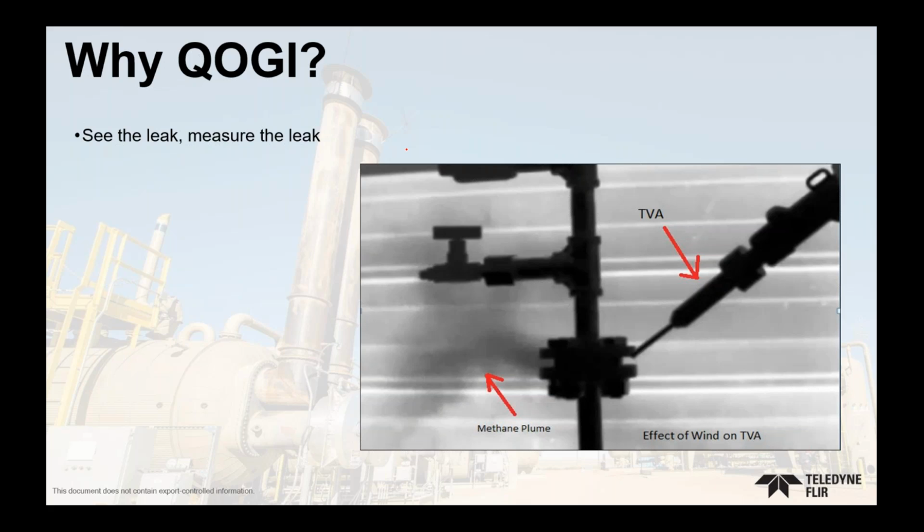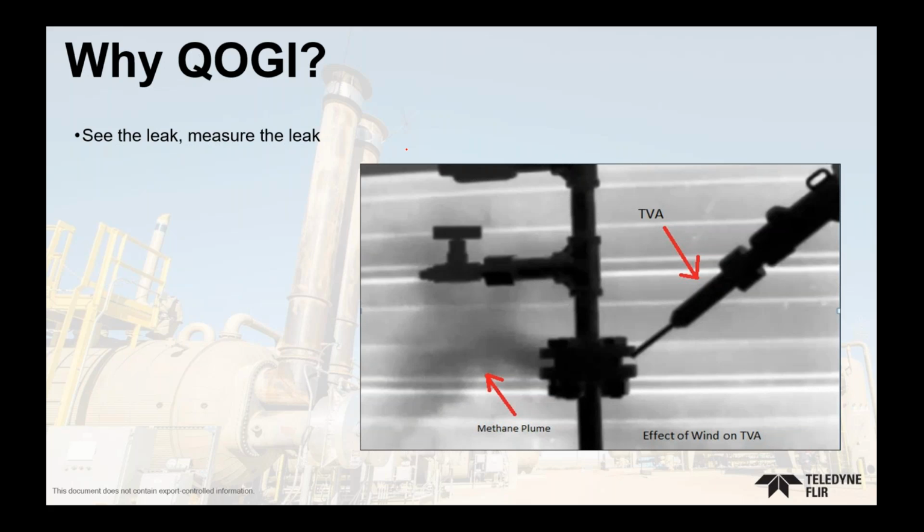So why QOGI? Well, certainly the traditional method that's been used for many years, Method 21, by either using a TVA, in this example a toxic vapor analyzer, or an organic vapor analyzer. Very often in the case of just using that alone, you can actually miss the plume itself.